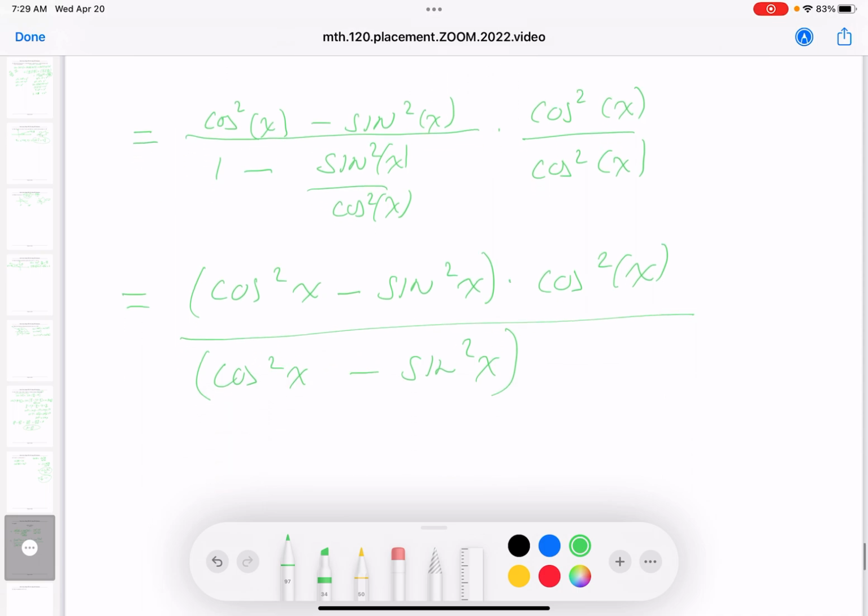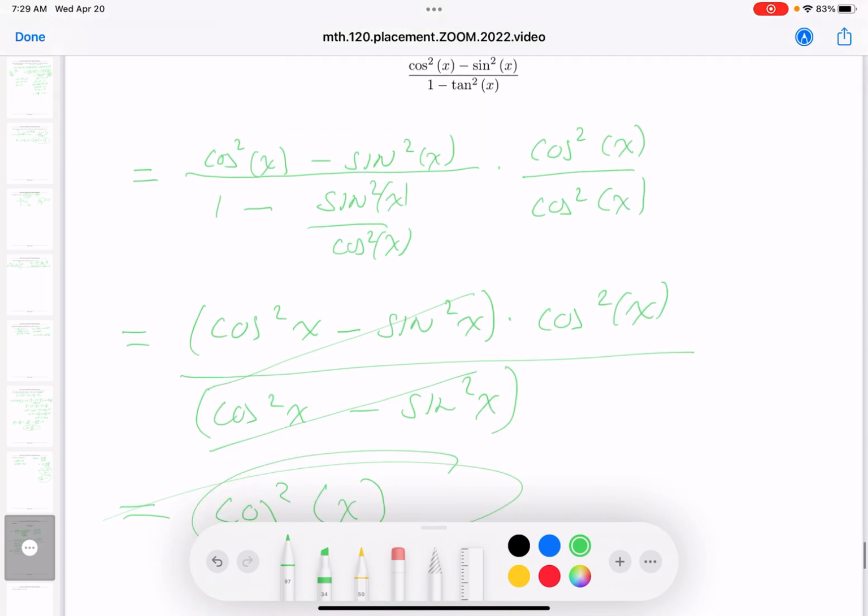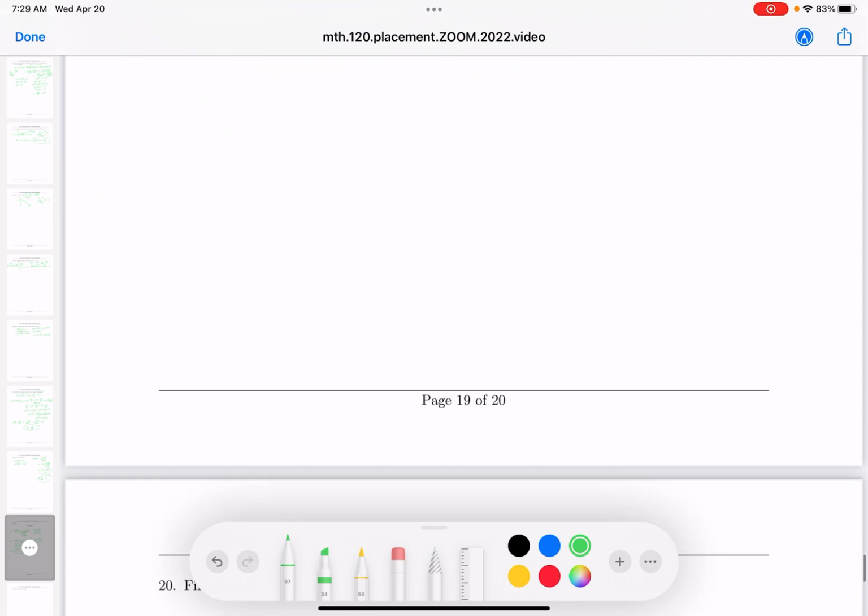Well, although not always true, it's conditionally true, provided that this is not 0, that this would cancel off. And what would you be left with? Cosine squared x. And that's the simplest form of it. That was number 19. Again, relatively simple question.